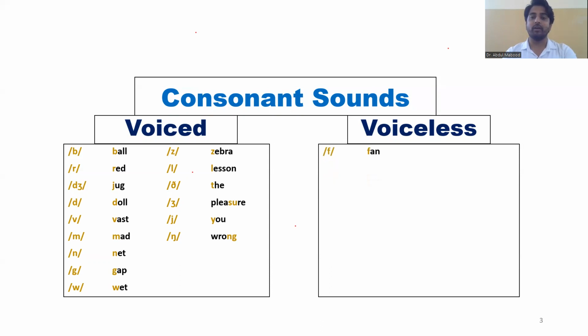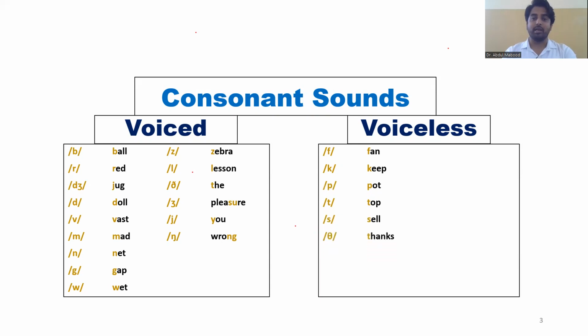Now see the voiceless sounds. Fa sound, as in the case of fan. When you say fa, we don't get any vibration here. Then we have ka, as in keep. So we don't get any vibration. Then pa, as in pot. Then ta, as in top. And then sa, as in cell.